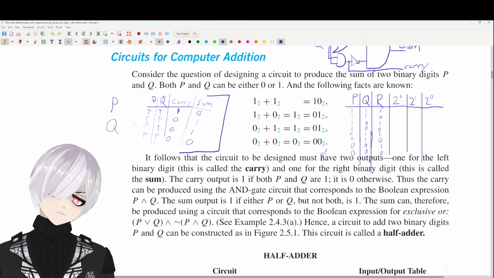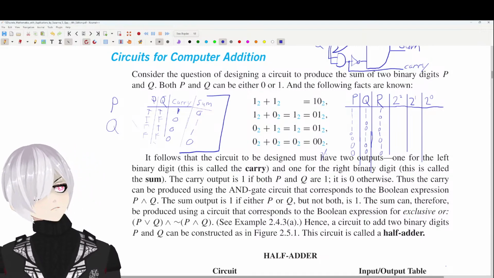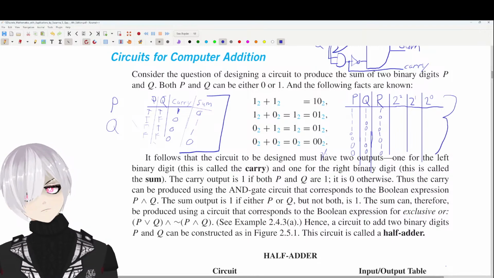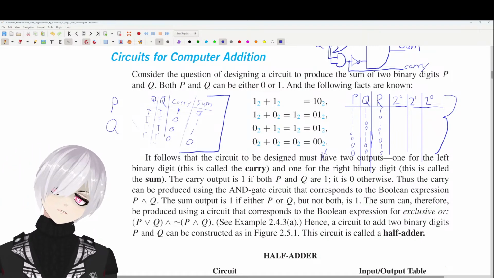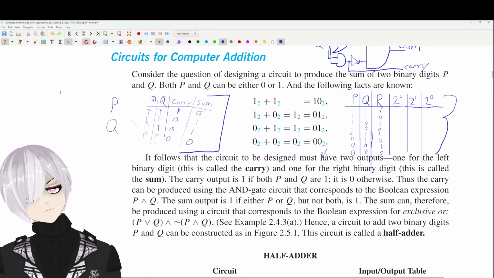So as part of the method for adding multi-digit binary numbers, we need a mechanism for adding three binary digits. I guess this might still be half adder logic, because it's like adding three single digit numbers.